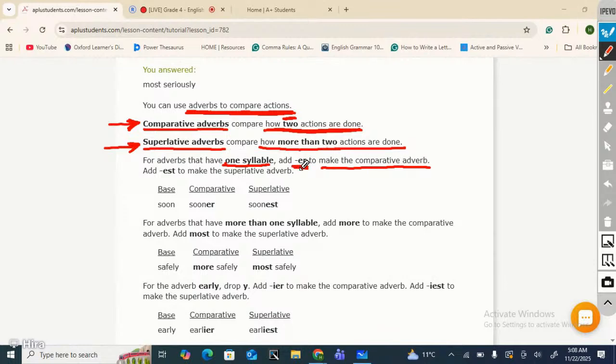Well, we add certain words or certain letters to adverbs to make them comparative adverbs and superlative adverbs, which compare actions. So, if the adverb is a one syllable word, add er to make the comparative adverb, and add est to make the superlative adverb.